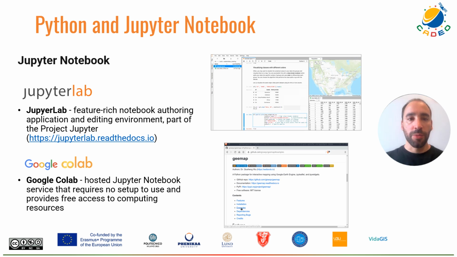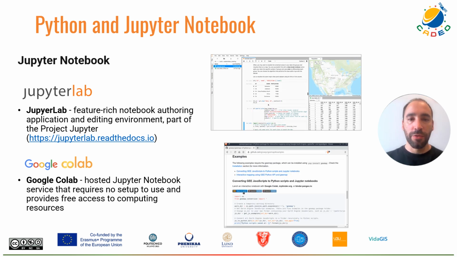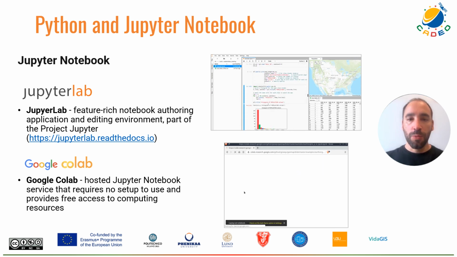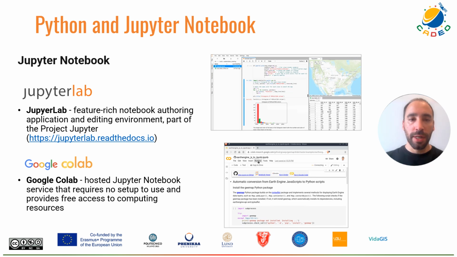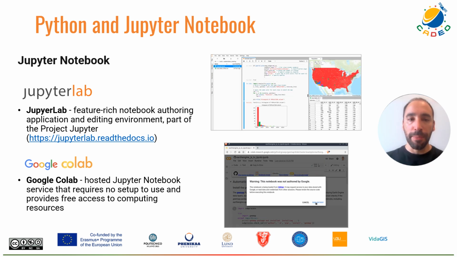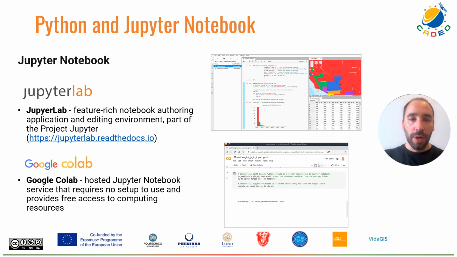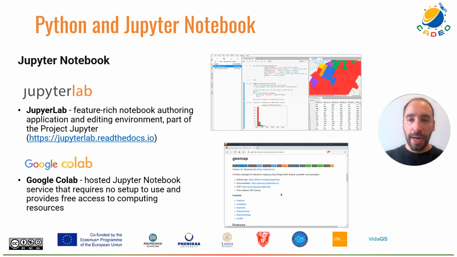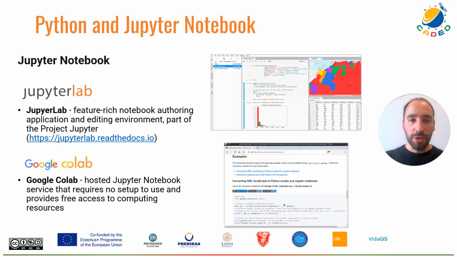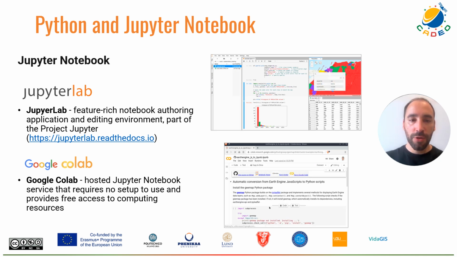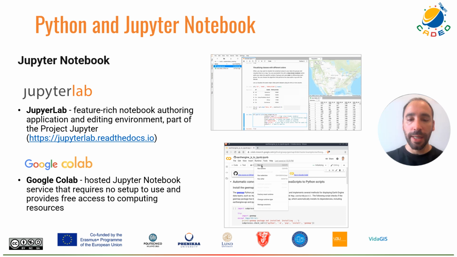Jupyter Notebook is integrated into many user-friendly applications. The two most interesting for this course are JupyterLab and Google Colab. JupyterLab is a feature-rich notebook authoring application and editing environment. It is part of the Project Jupyter ecosystem and provides an integrated development environment for working with notebooks, code, and data.